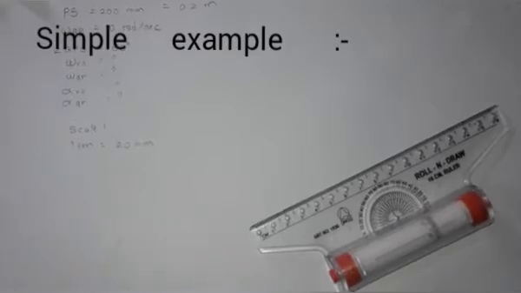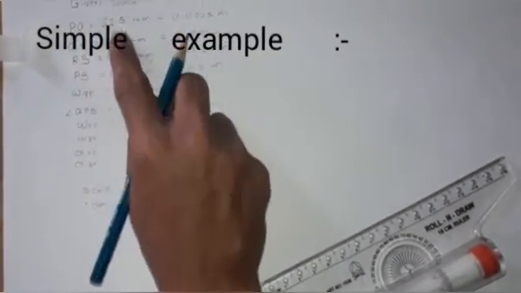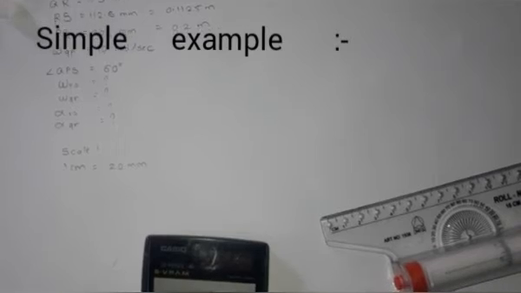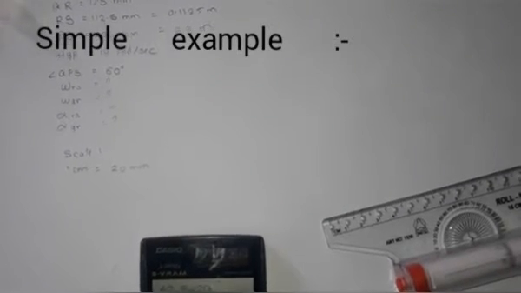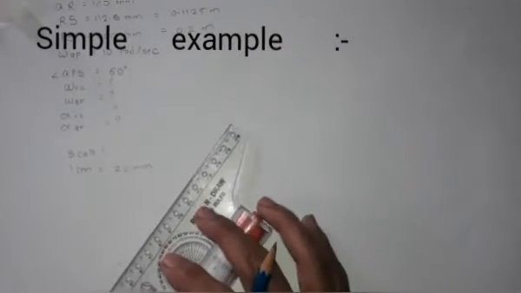Then the length of link QP is given, PQ, that is 62.5 mm, and by scale it will be 62.5 divided by 20, 3.125 centimeter.